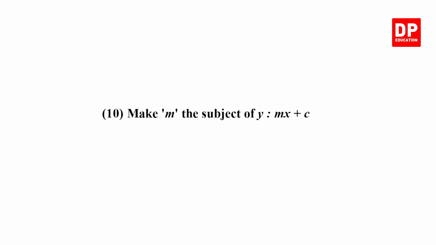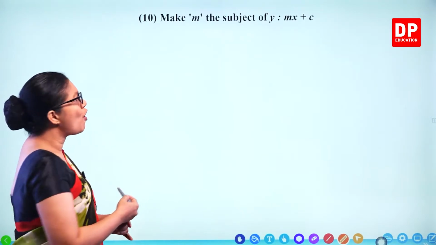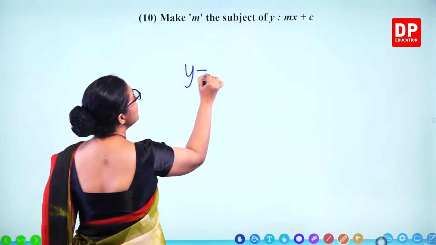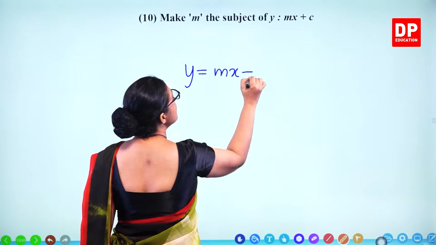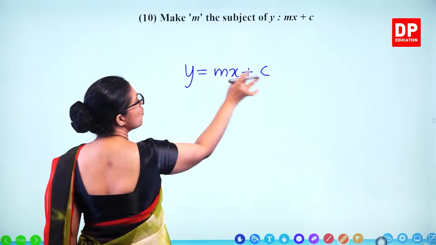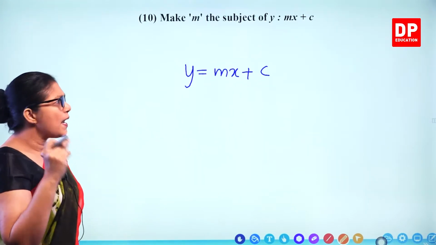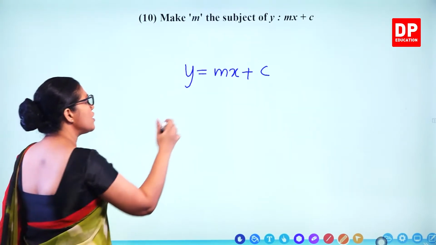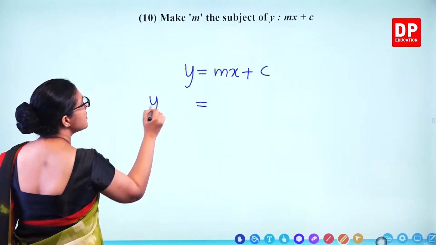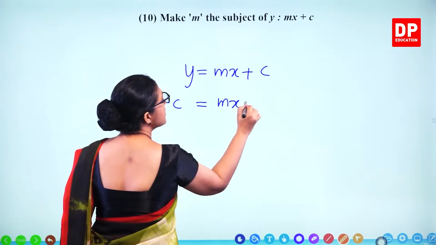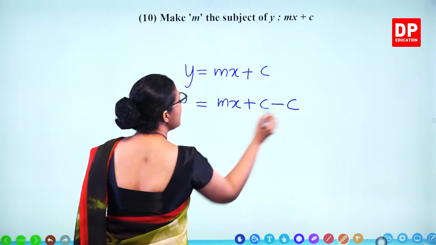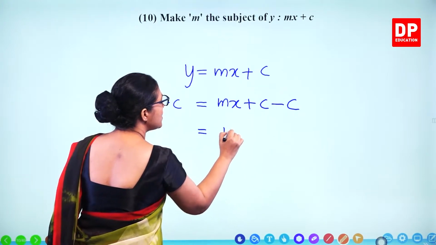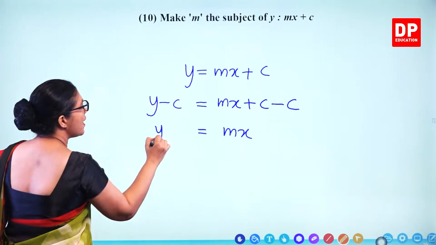Question number 10. Make m the subject of the formula y equals mx plus c. So this term you have to keep. So we have to get rid of c. Plus c is there. What's the inverse of plus c? Subtraction of c. So subtract c from both sides, mx, and subtract c. You get mx here, y minus c.